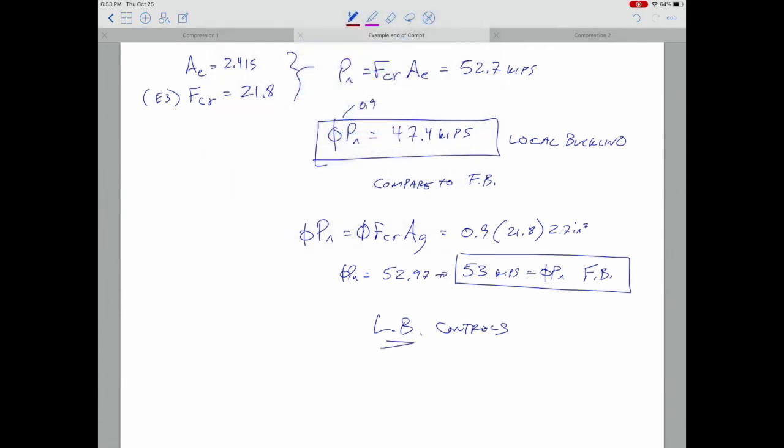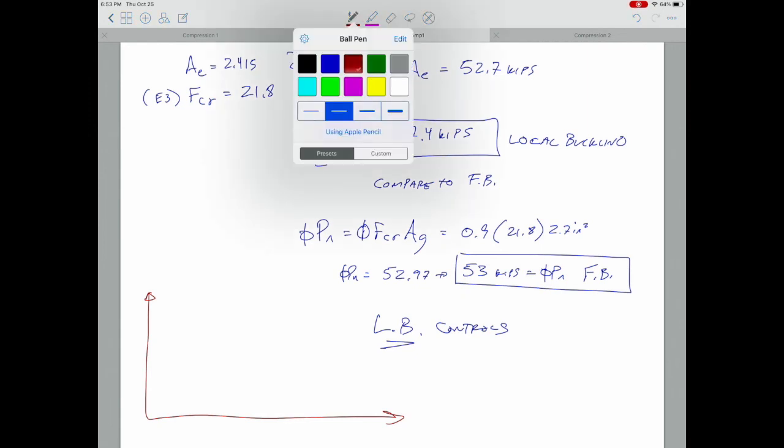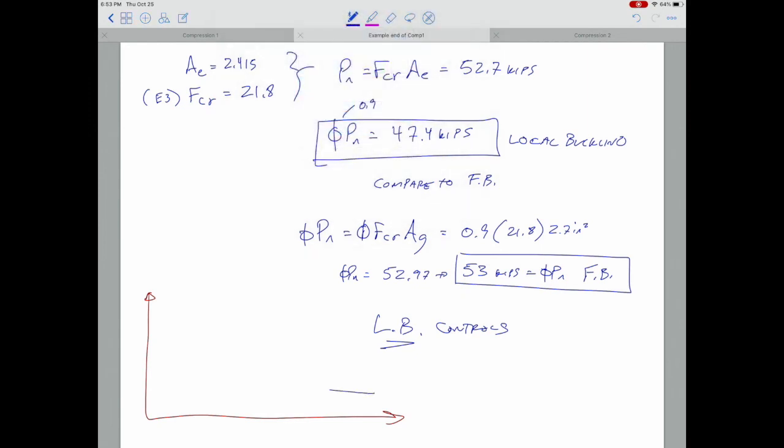Okay, so now homework 3, right, what I'm having you do, this seems like a really long process, and it kind of is, but once you put it in Excel, you can write this out one time, put the rest of it in Excel, and you'll find that your values, right, you'll have a flexural buckling. If you write Pn here, or even phi Pn, either way, right, this will be flexural buckling.